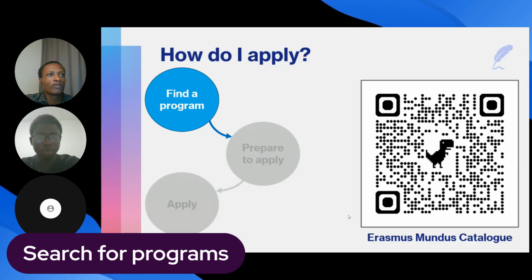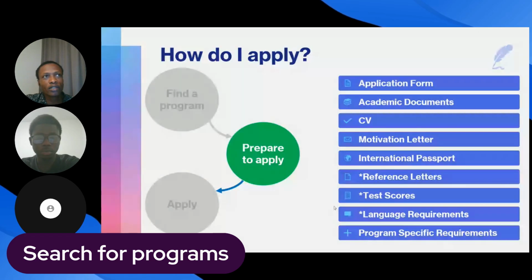After you now find a program using this catalog, what do you do next? The next one is to prepare to apply. And this list is just the list of the most popular options out there.